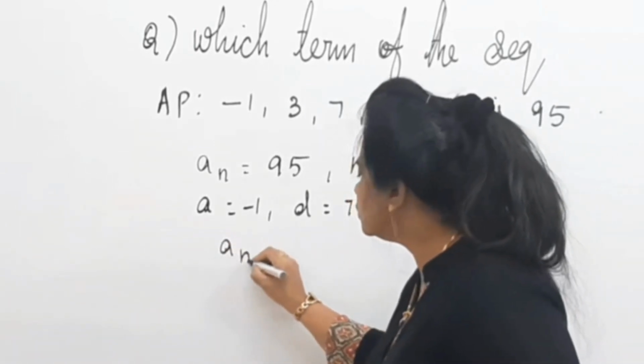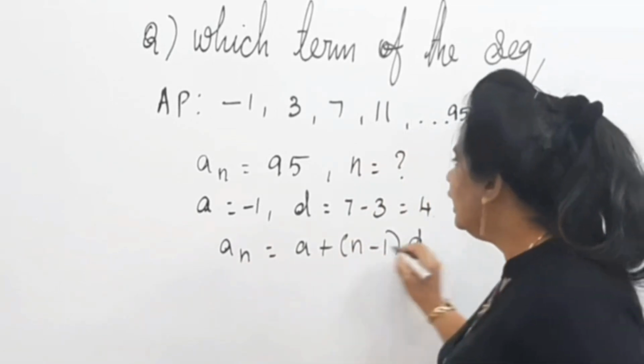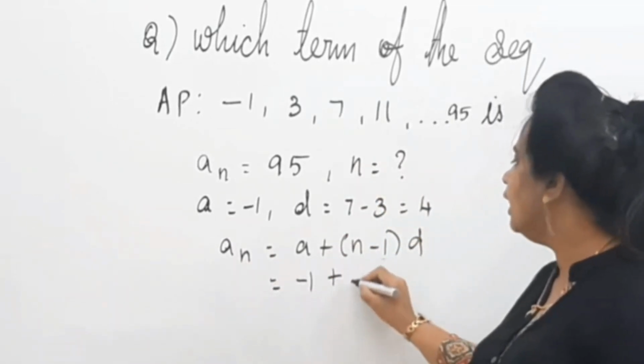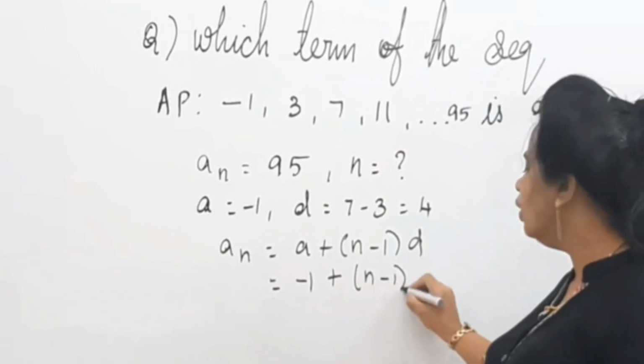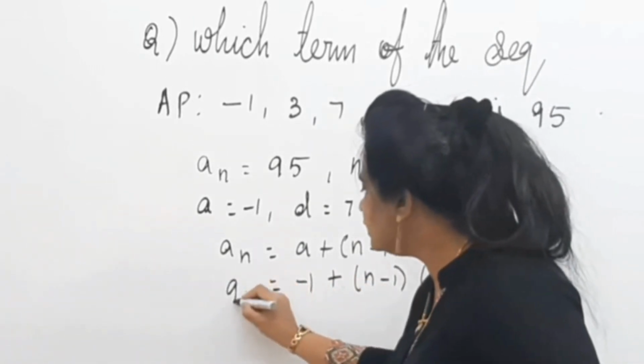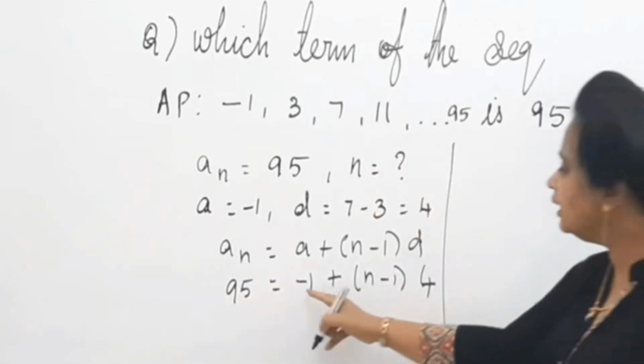Now I go and substitute. AN is equal to A plus N minus 1 into D. My A is minus 1 plus N minus 1, I do not know N, and D is given 4. So AN is 95. Now I bring it to the other side, 95.